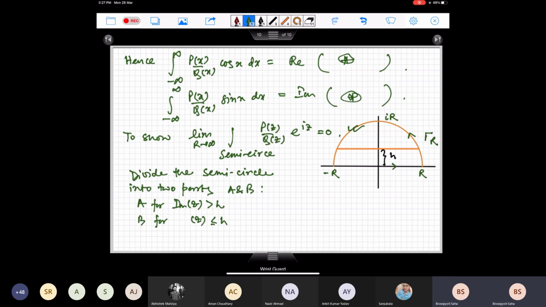So I'm going to separate into these two cases.